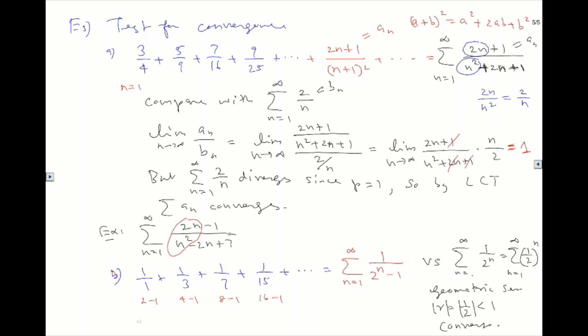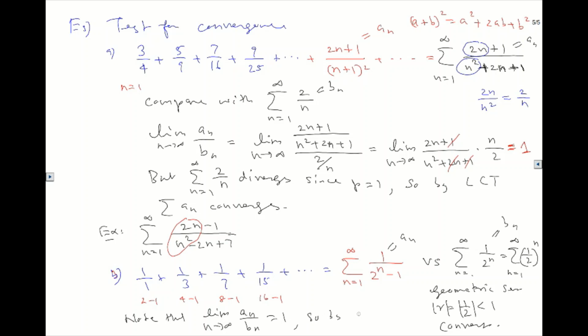Also, you know that once you take the limit of an over bn as n goes to infinity, it's automatically 1.